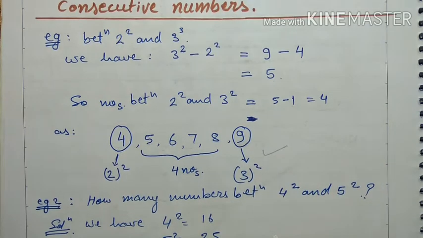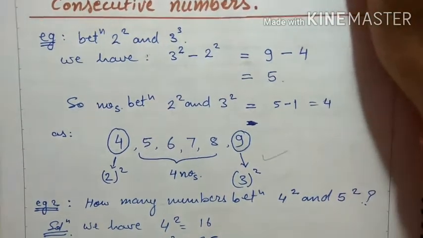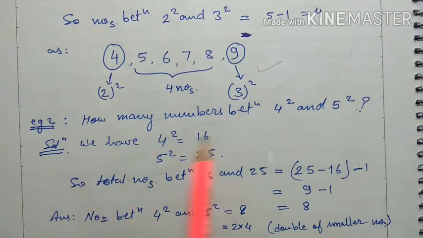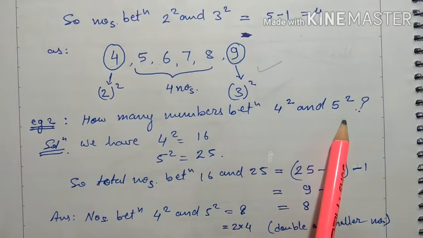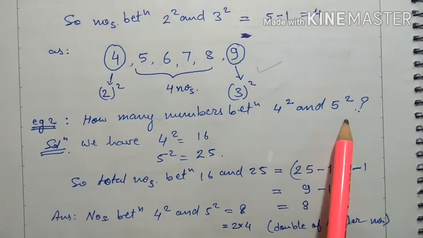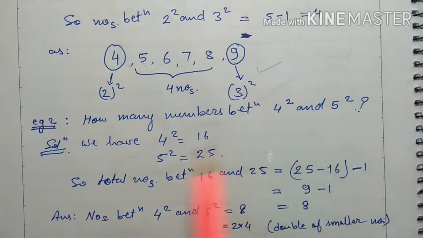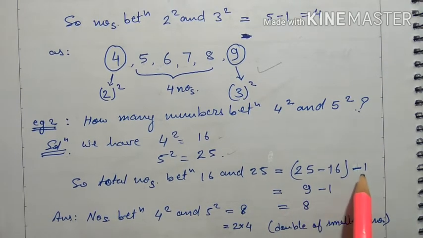Take another example. How many numbers are there between 4 square and 5 square? These are again two consecutive squares. 4 square is 16 and 5 square is 25. So the total numbers between 16 and 25 is 25 minus 16, that is the difference, and 1 is subtracted from it.